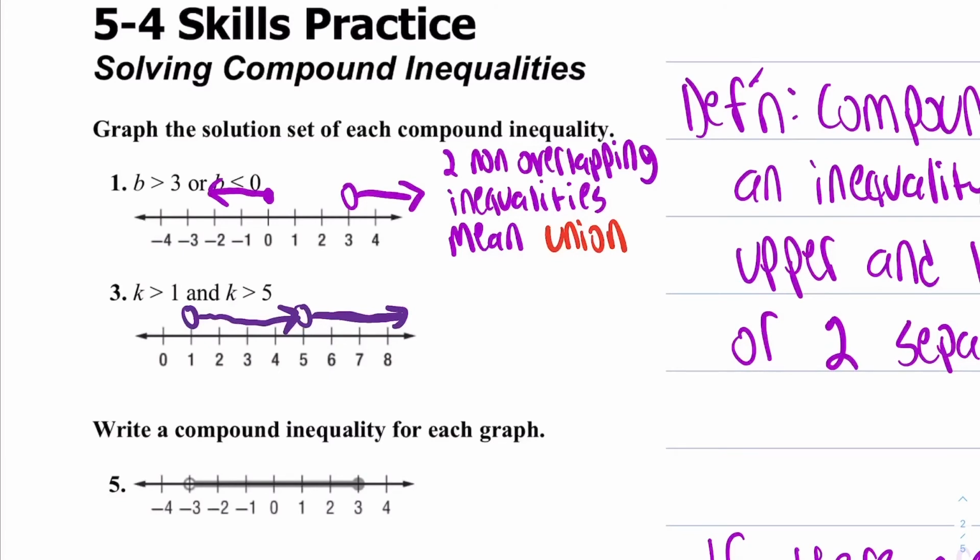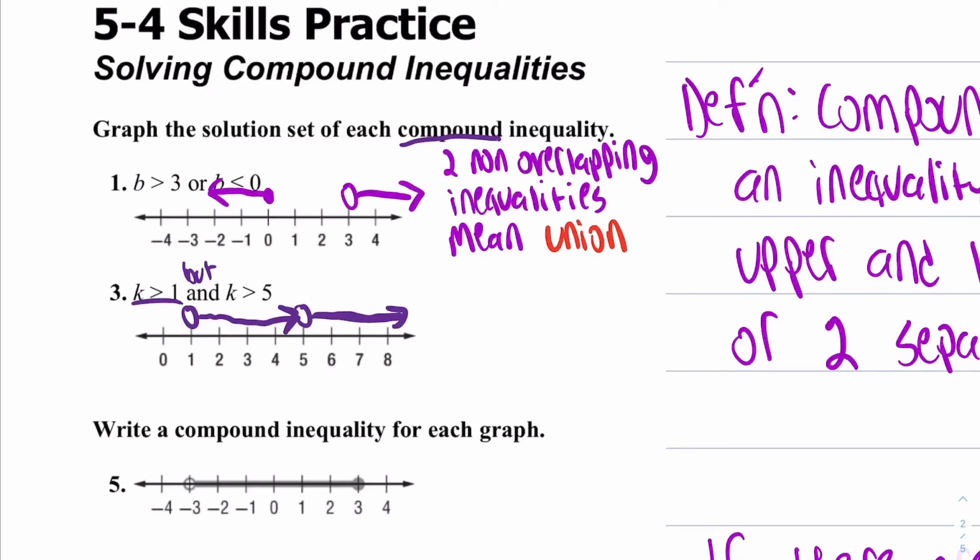So we can be all numbers greater than 1, but this is like a but. k has to be bigger than 5. Since we are doing the compound, it doesn't say either one, it says and, so that means that there's a but.